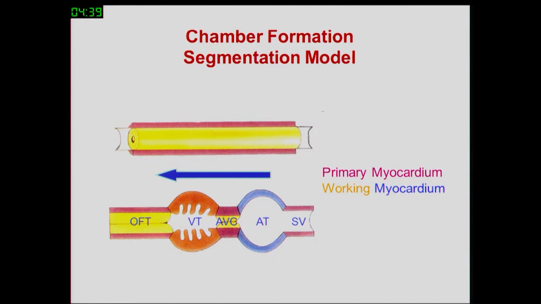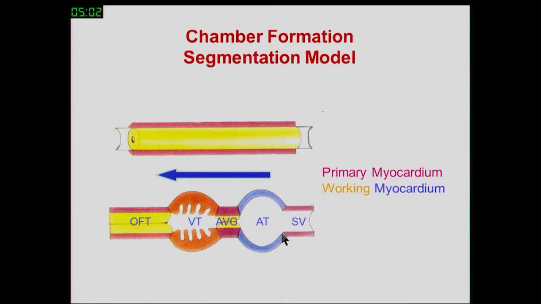For cardiac chamber formation from the linear heart tube, the segmentation model has been suggested as a classical model. Myocardium of a primitive linear heart tube is called primary myocardium, characterized by slow electric conduction and slow contraction.